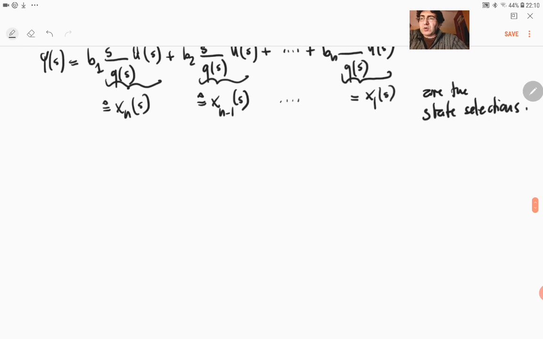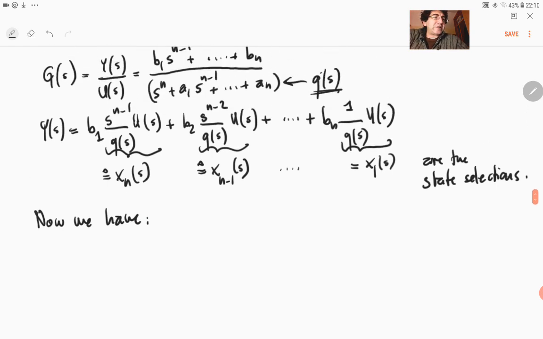Now take a look. The relationship between x1(s) and x2(s) is nothing but an extra s. So x2(s) is s times x1(s). What does that tell me?